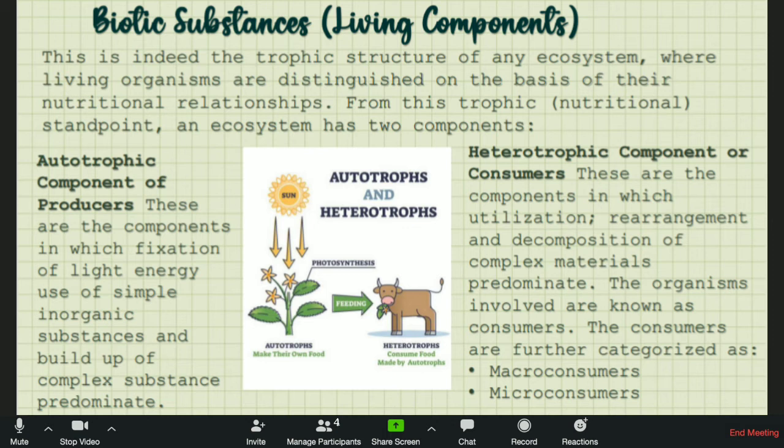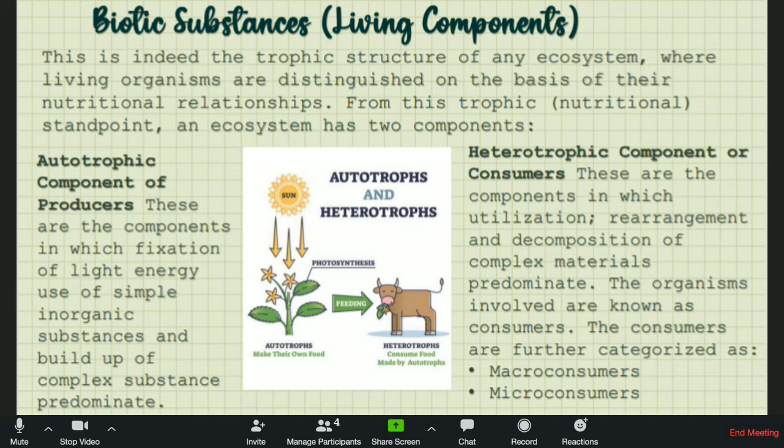The amount of energy that the producers capture sets the limit on the availability of energy for the ecosystem. Thus, when a green plant captures a certain amount of energy from sunlight, it is said to produce the energy for the ecosystem. And the consumers are further categorized as macro-consumers and micro-consumers.